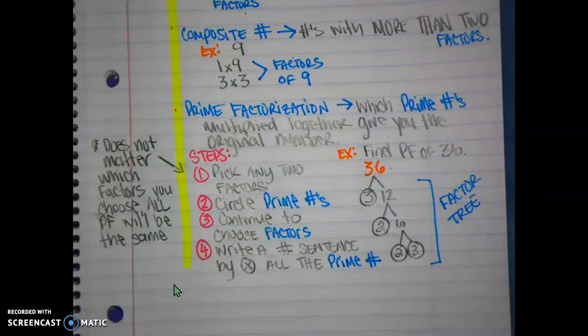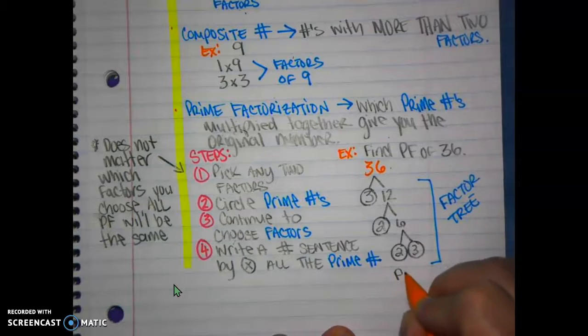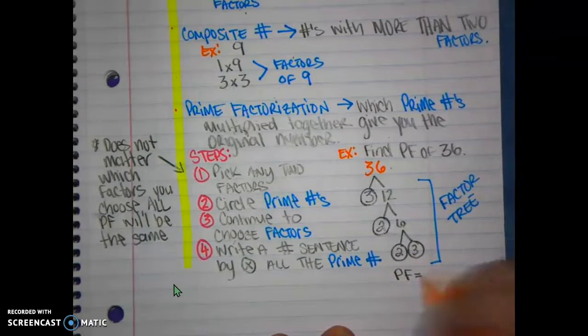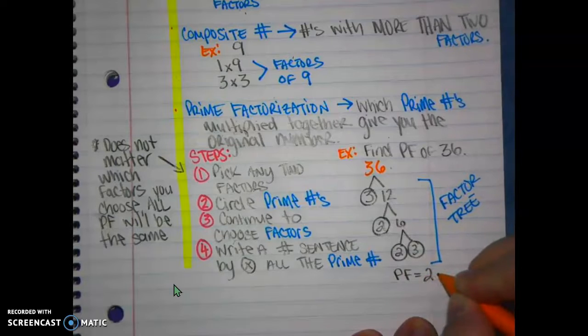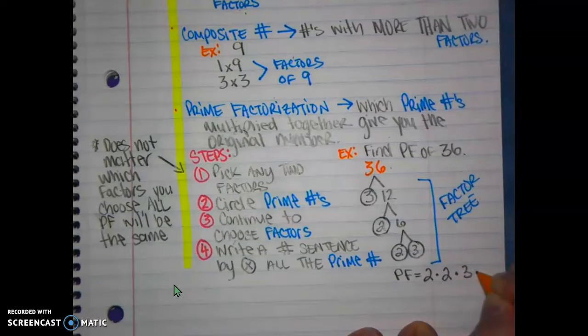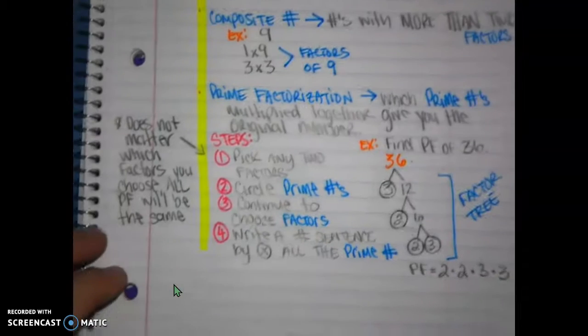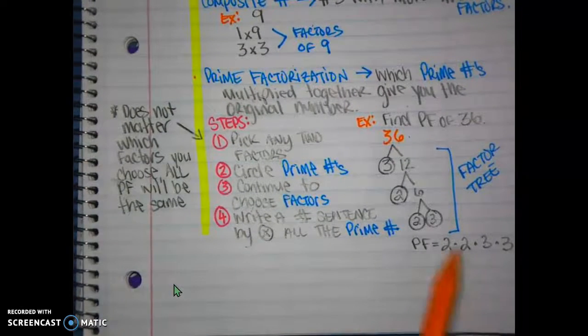So, your prime factorization down at the bottom is equal to, in order from least to greatest, 2 times 2 times 3 times 3. That's going to be your prime factorization.